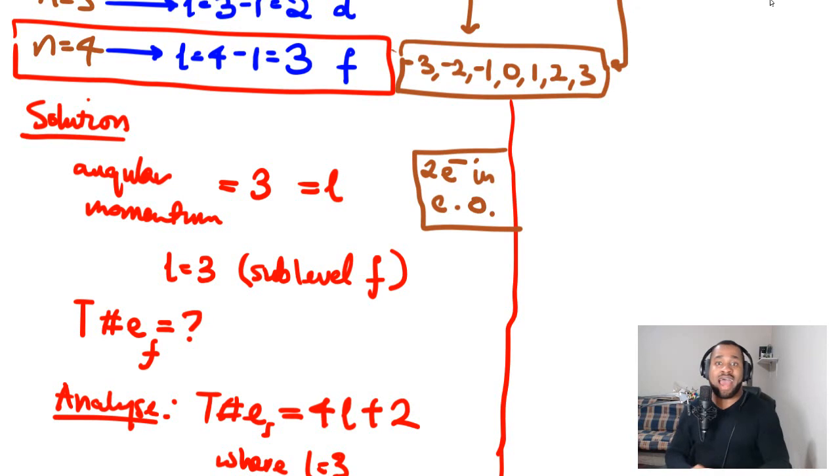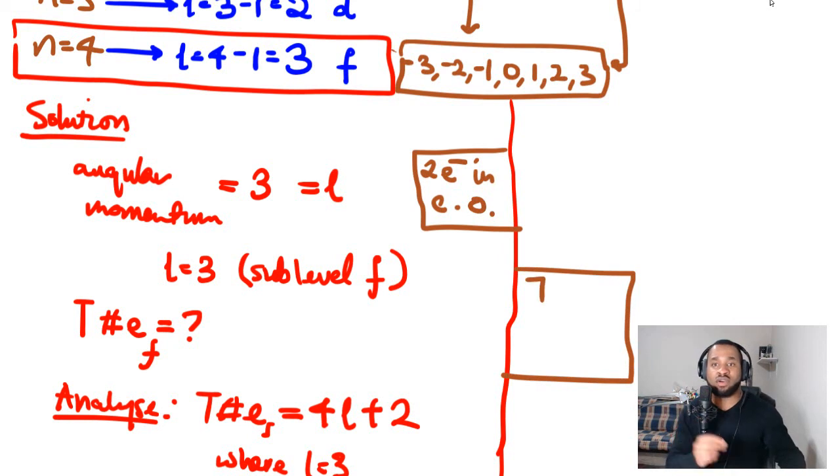orientation. And the next one that we need to consider is that we do have, in this case, 7 orientations in the angular momentum, which in this case is where L equals 3.